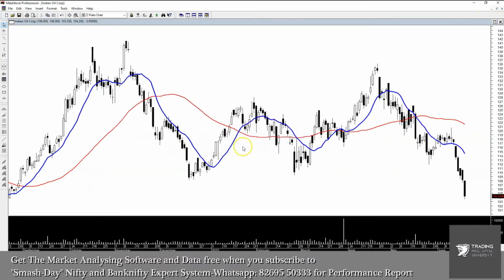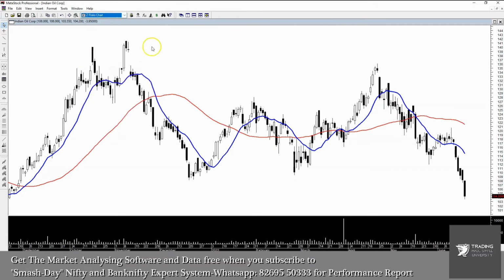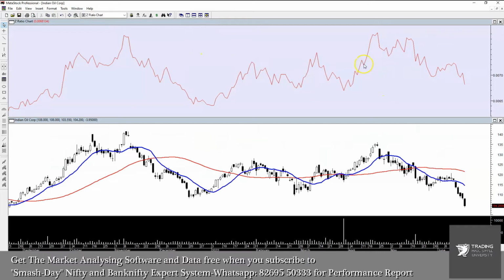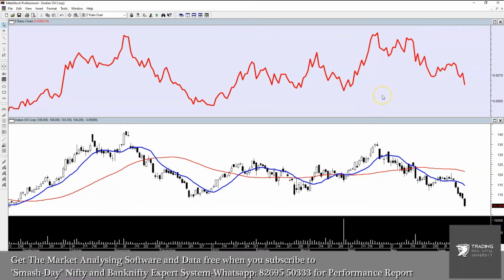I have shown you in one of our previous sessions that you have to bring it from here alphabetically. The indicators will be populated here. So Z ratio chart, and you have to bring it from here. So here it is. I am making it a bit bolder so that it helps us see in a better way. Anyway, this is how IOC is doing with respect to Nifty.